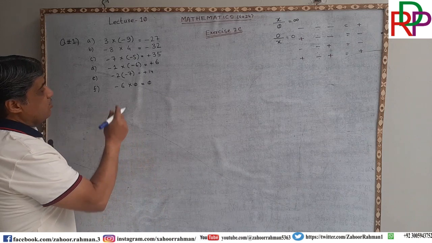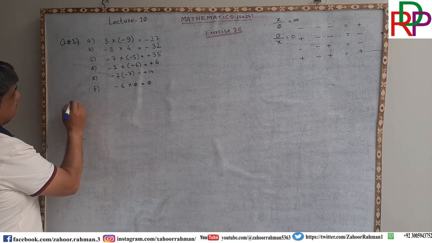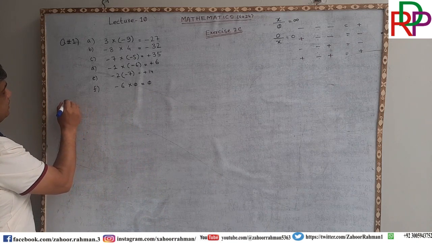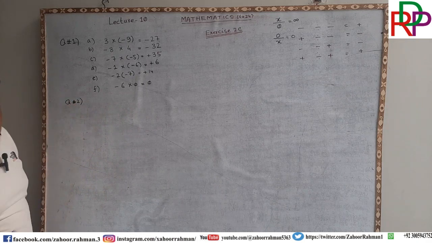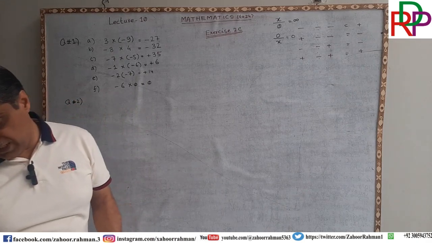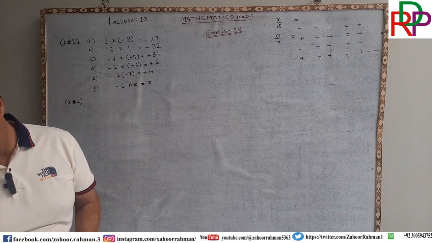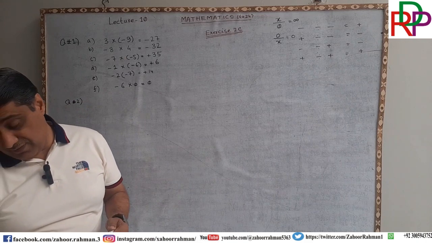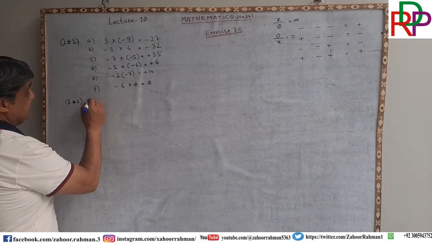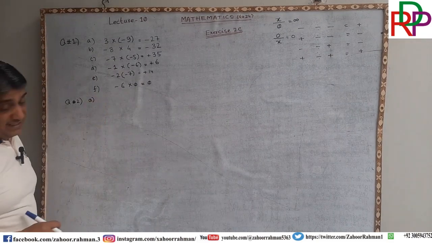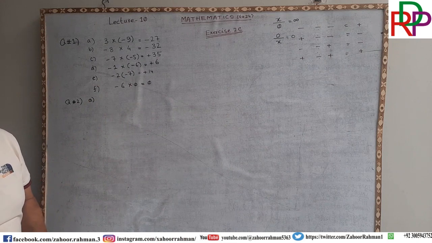Okay, now here it was question number 1, and now we are turning our focus to question number 2, in which more fun is coming on your way. Question number 2 is saying evaluate each of the following, and here we are dealing with division.